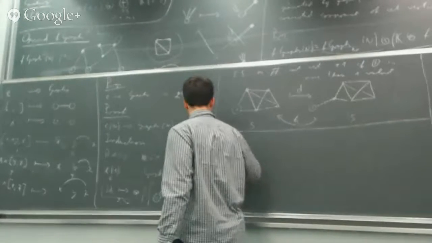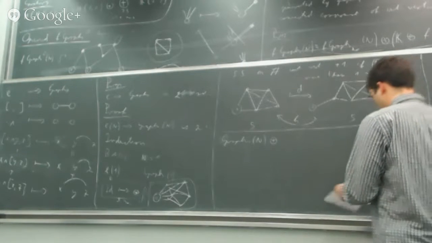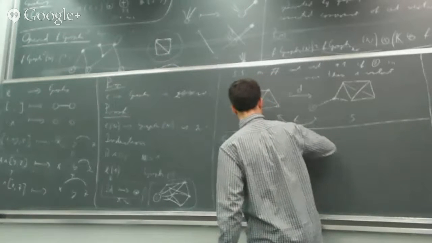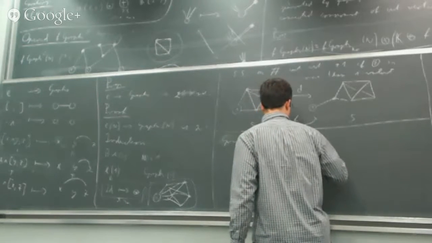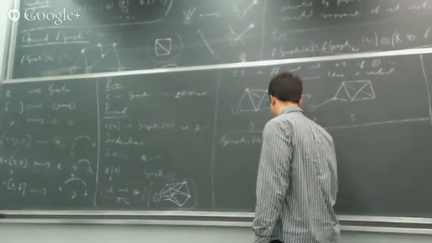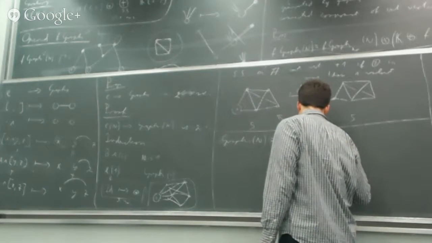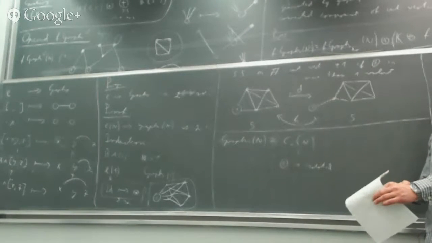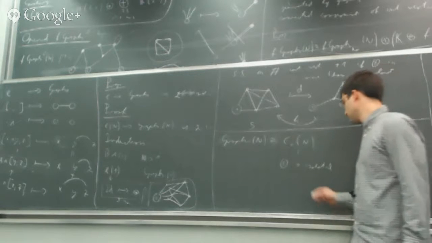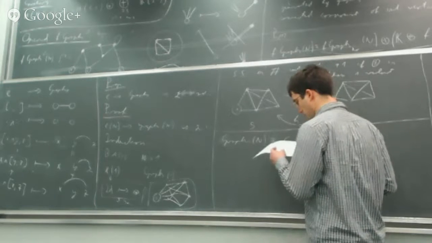Now graphs N, I call it C, is equal to C0 of N, where external vertex 1 is isolated, so it's zero valent, plus the rest.